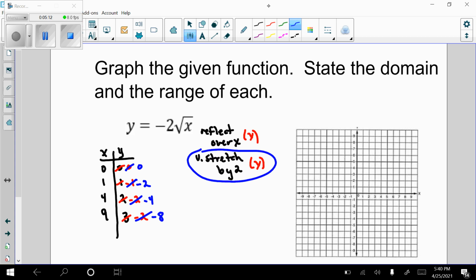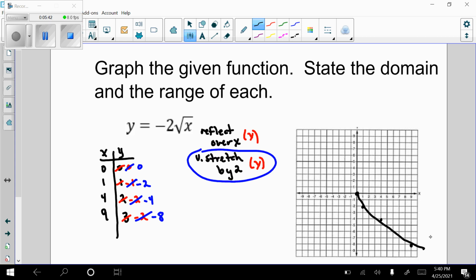So this is going to fall quicker. So I'm still at 0, 0. I'm down here at 1, -2, 4, -4, and 9, -8. So this graph is going to fall pretty quickly. Oh, wait a minute.